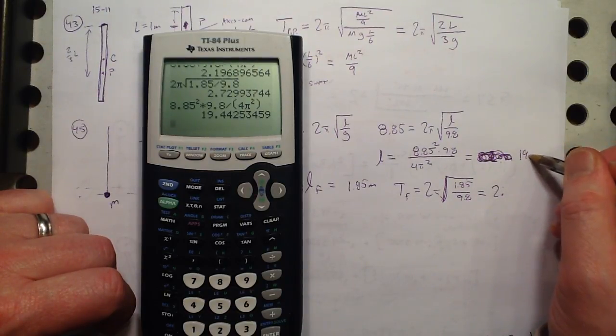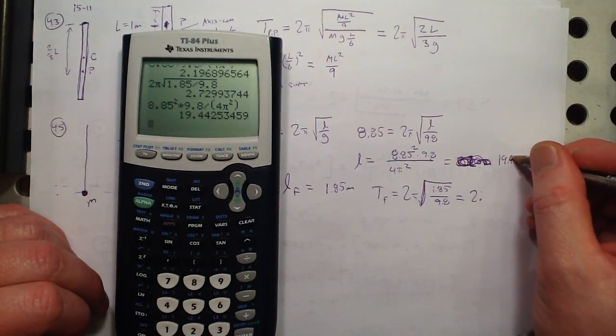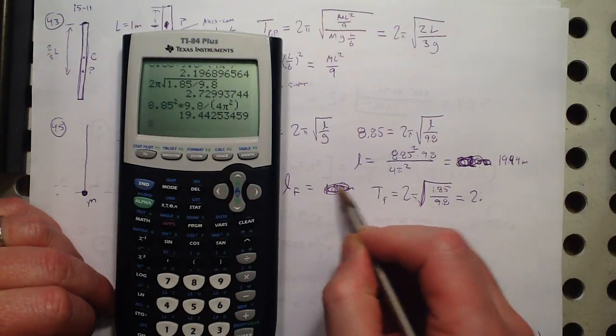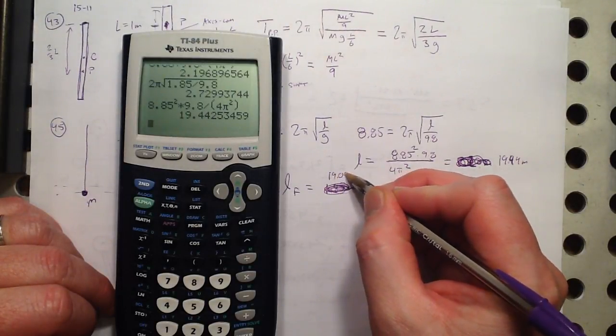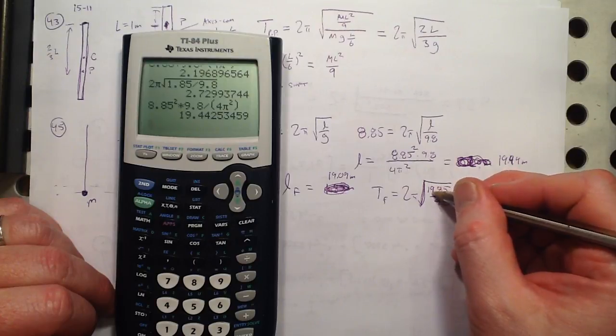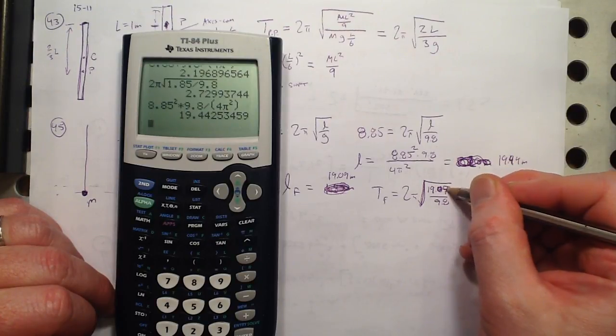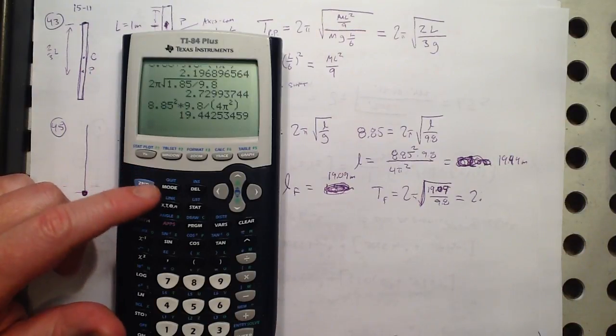It's 19.44 meters. So when I subtract 35 centimeters, I have 19.09 meters.